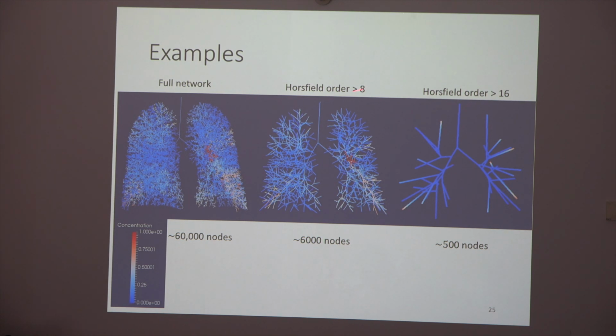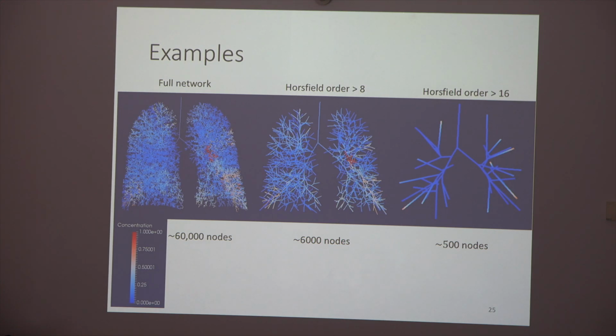If we go up to Horsfield order 8, so 8 generations up from the bottom of the tree, and chop there and reduce down to symmetric regions, then you get a 10 times reduction in system size. Everything looks pretty similar in terms of the concentration, and then you can keep going and chop down to something that doesn't look that pretty anymore, but still captures some of what's going on.